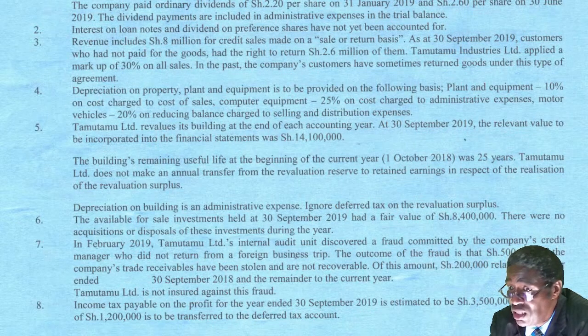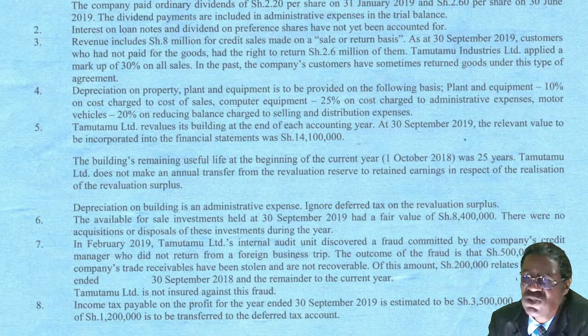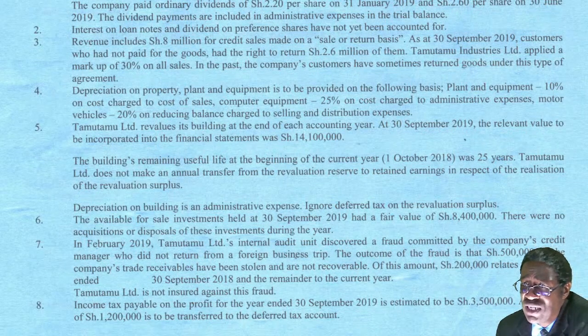Number 5 says, Tamtam Limited revalues its building at the end of each accounting period. Not at the beginning, but at the end of each accounting period. Then they are saying, on 30th September 2019, the relevant value to be incorporated in the financial statement was 14.1 for the building.